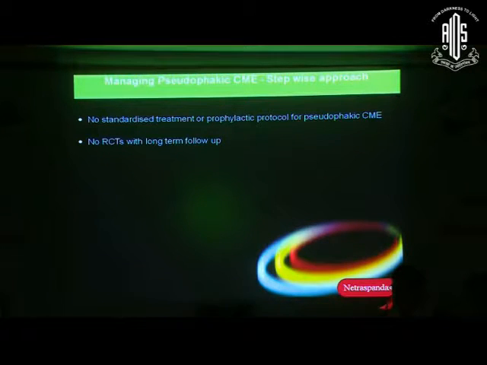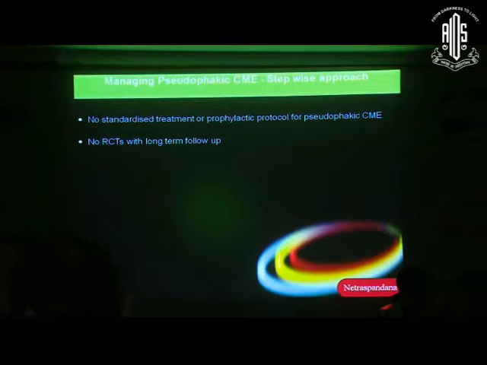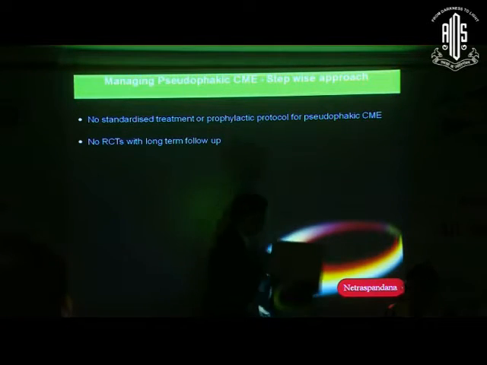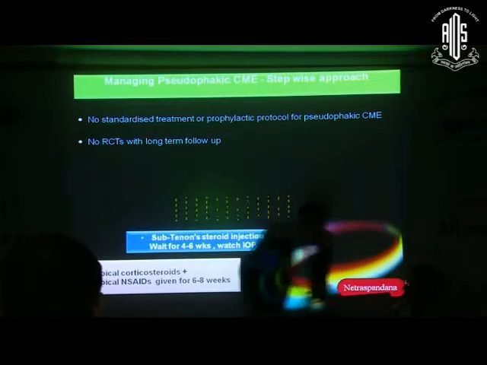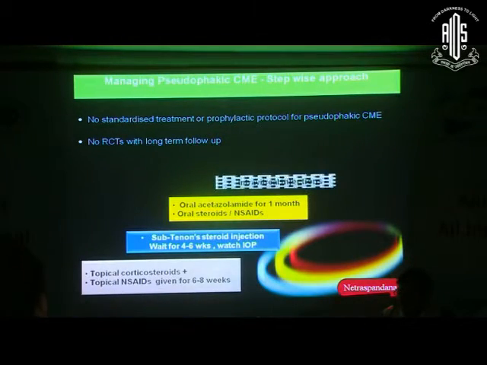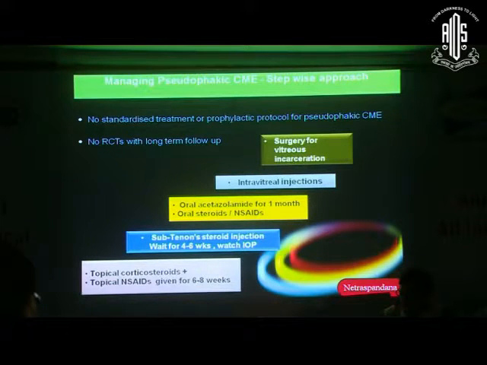As far as management is concerned, if you go by evidence, there is no standardized treatment for treating these patients, neither is there any standardized prophylactic protocol. No RCTs are there with long-term follow-up. Usually, a step-ladder pattern of treatment is applied. We start with topical corticosteroid and NSAID combination. If it doesn't work, then we go on to give subtenon injection.